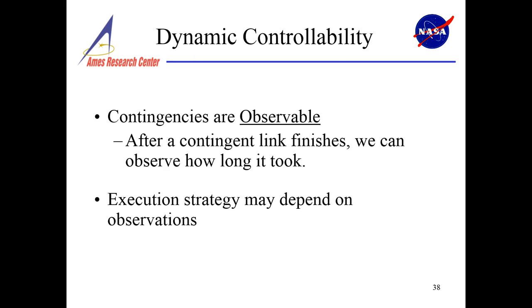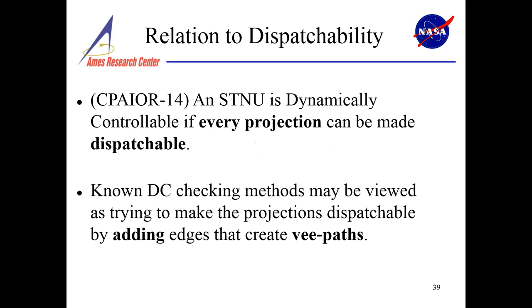So contingencies are observable. And in dynamic controllability, we exploit that observability to have an execution strategy that may depend on observations. The network is called dynamically controllable if such a strategy exists.